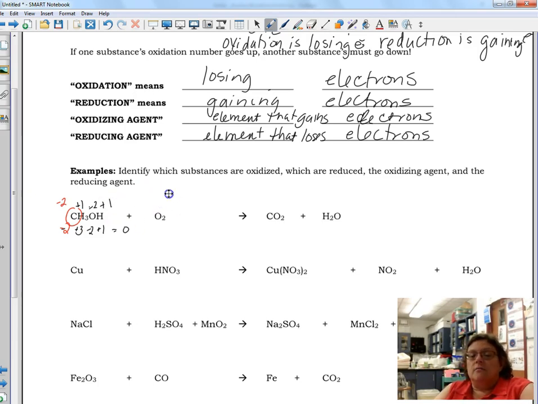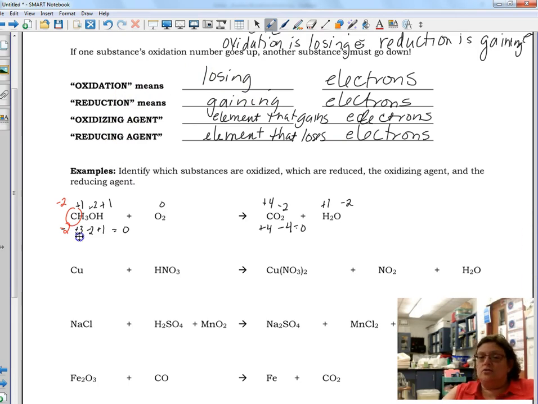Oxygen here is an element, so he's going to be a 0. On this side, oxygen now is in a compound, so he's a -2. We have a total of -4, so what does carbon have to be? He's a +4. And in H2O, we have a +1 and a -2. So, whose charge increased? That means he lost electrons.